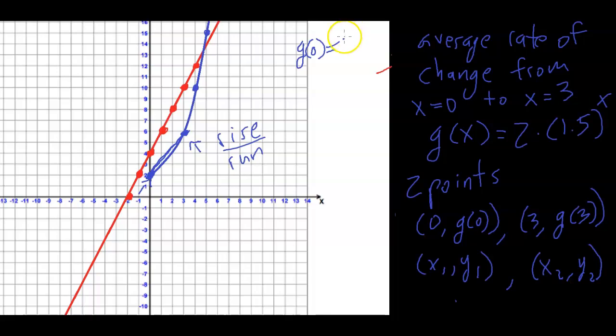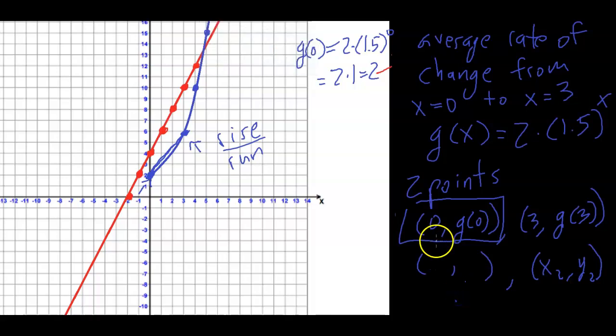That's going to be 2 times 1.5 to the 0 power, which is 2 times 1, which is 2. Let me replace this x1 and y1 with the actual values. Our first point on the plane is 0, 2.